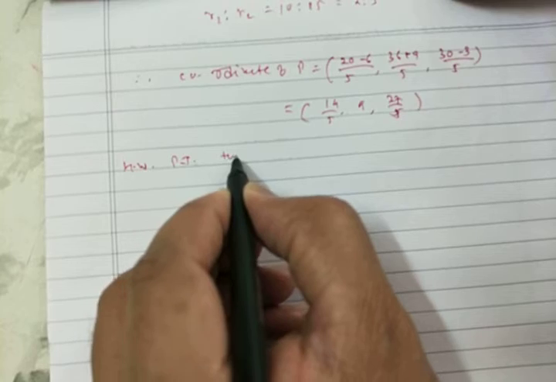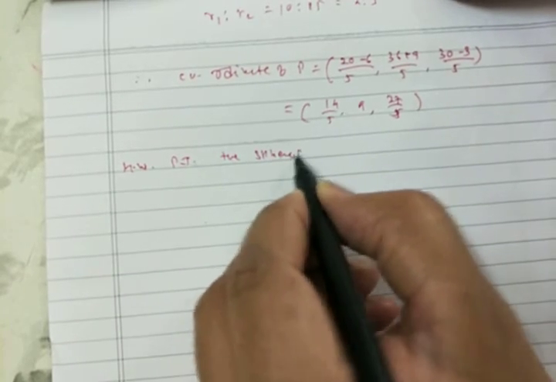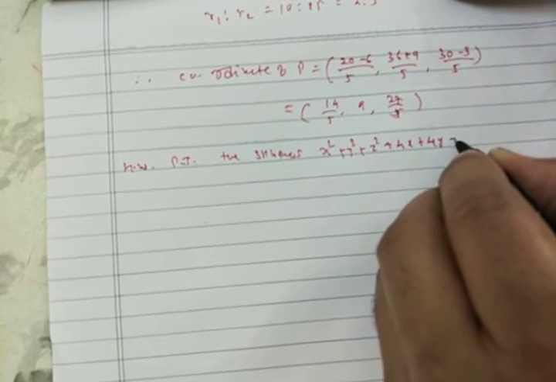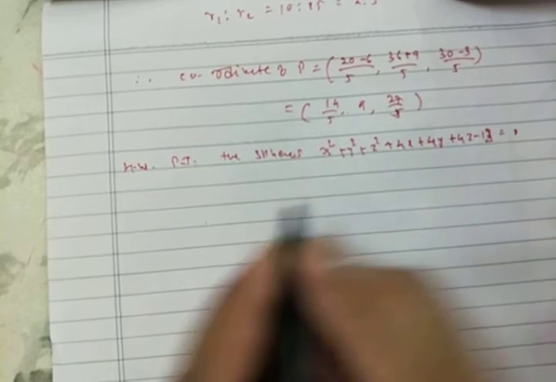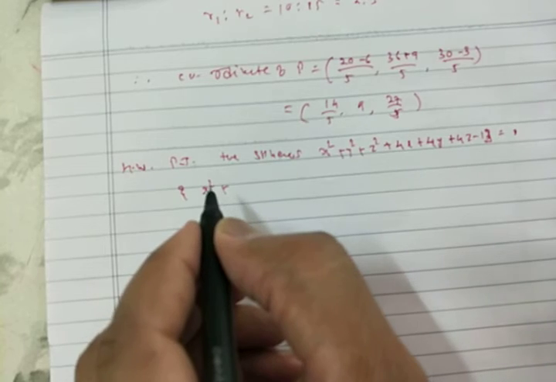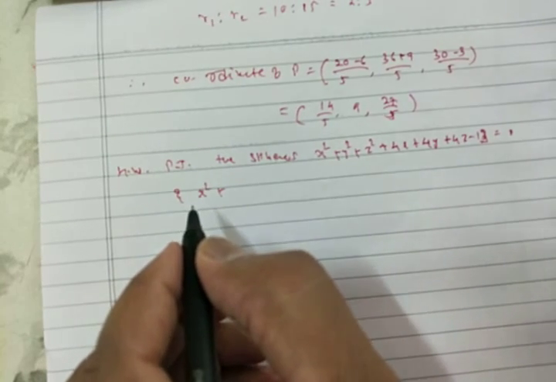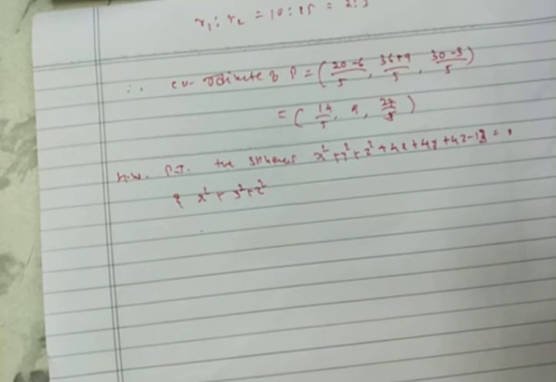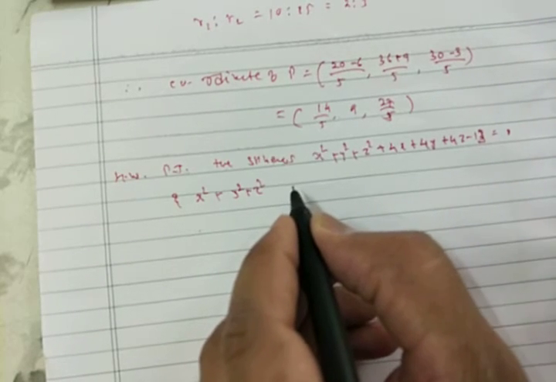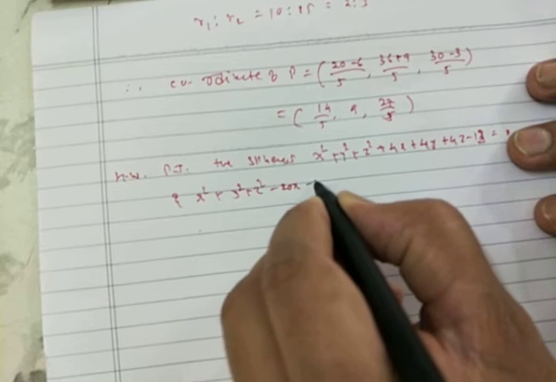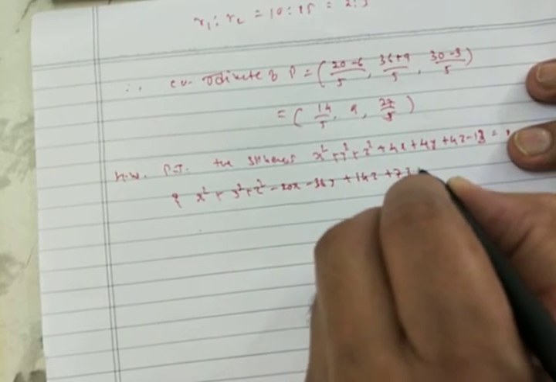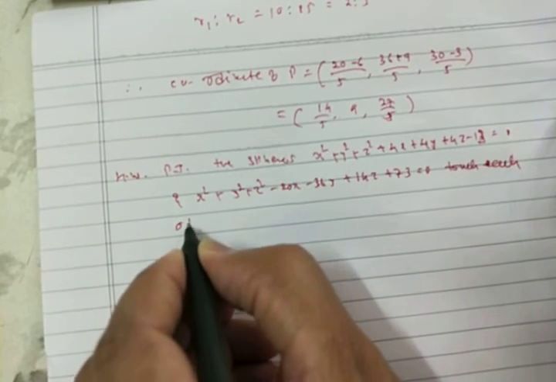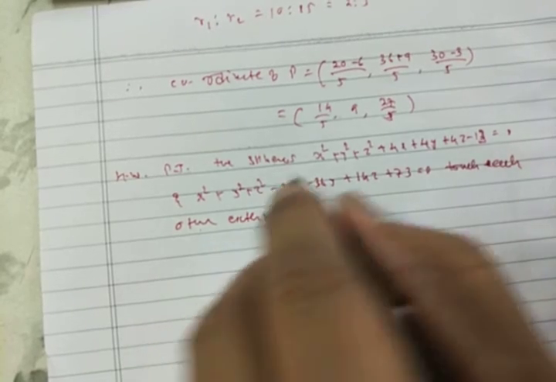Prove that spheres x square plus y square plus z square plus 4x plus 4y plus 4z minus 13 equal to 0 and x square plus y square plus z square minus 20x minus 36y plus 14z plus 73 equal to 0 touch each other externally.